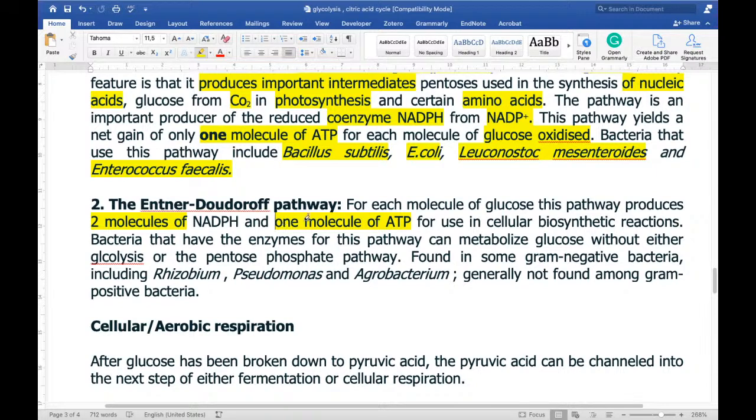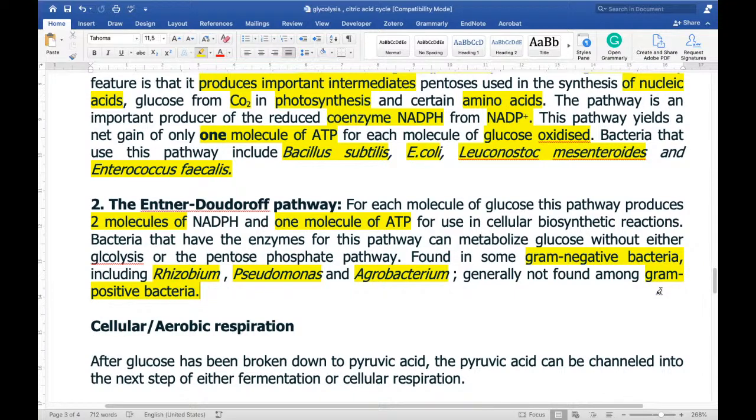This pathway is found mostly in gram-negative bacteria, including Rhizobium, Pseudomonas, Agrobacterium, and so on, and is not found in gram-positive bacteria. So these pathways are basically for bacteria, not for human beings.